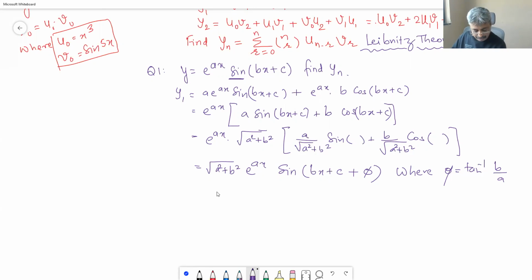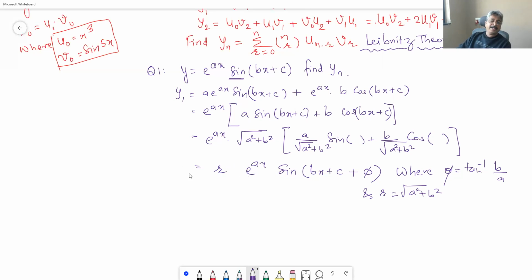Okay, and then we can write this also as r, where r is equal to radical a square plus b square. This is constant, so c is constant and phi is constant, and again e raised to ax sine something.